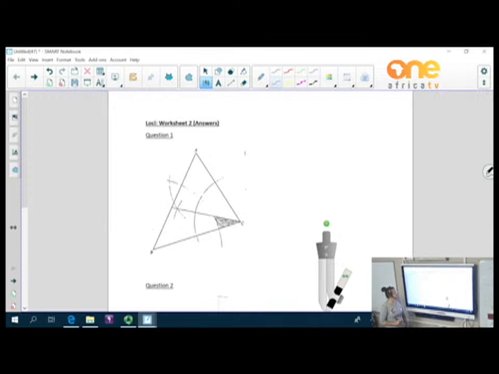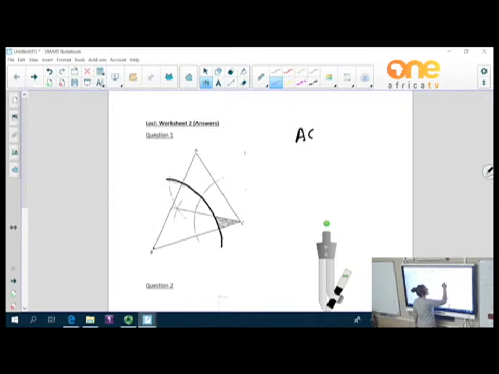So get your compass and measure 6 centimeters on your ruler, and remember from point B, you measure 6 centimeters and it will be that line. And draw accurately the locus of points equidistant from AC and BC.